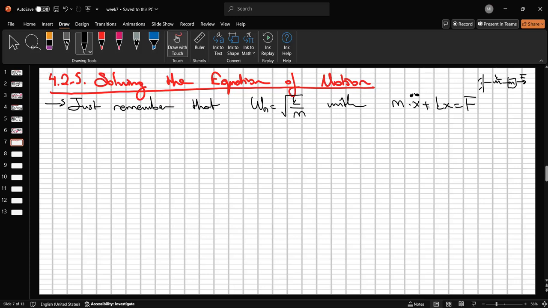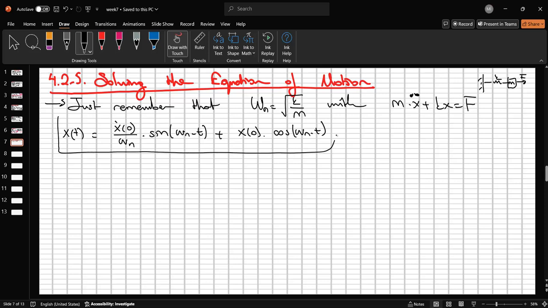And so in the previous lessons we have obtained x(t) equal to x dot 0 divided by omega n times sin omega n t plus x 0 times cos omega n t, right? These are the solutions for the initial conditions. Remember this formula?